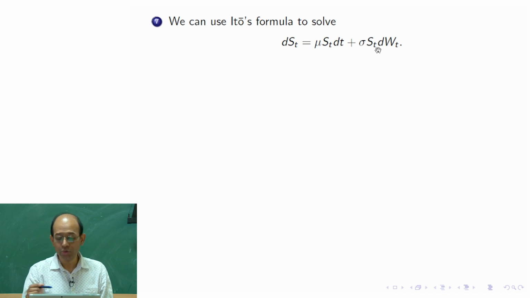Then you use the product table, and you see that the dt square term would not appear, the dt and dwt cross terms would also not appear, and only the sigma st dwt whole square term survives, which gives sigma square st square dt. So, the quadratic variation of st becomes the integration of sigma square st square with respect to time t.